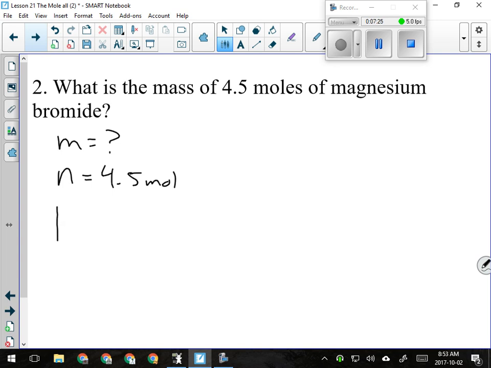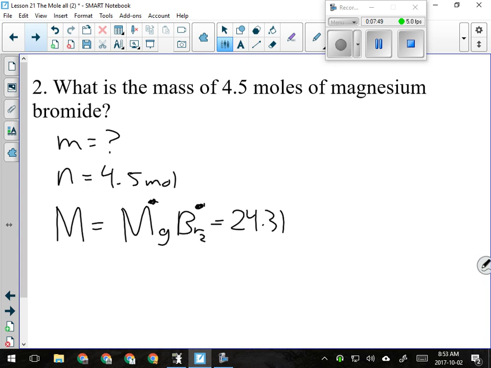So if I'm going to calculate big M, I need to get the formula right. Mg is +2, Br is -1, so we're looking at MgBr2 for our formula. Now we can calculate the molar mass. Magnesium is 24.31, is that right?